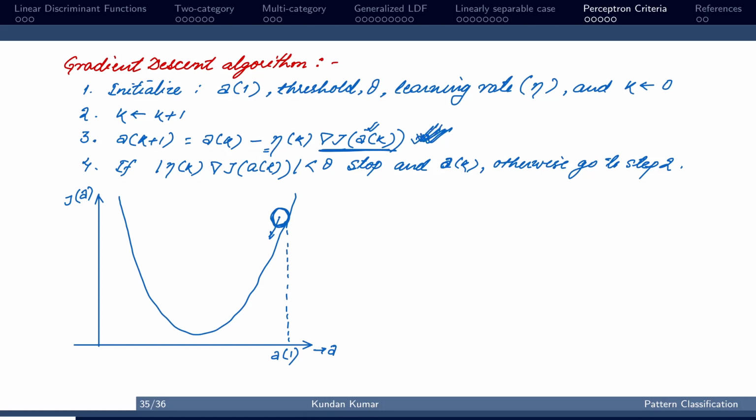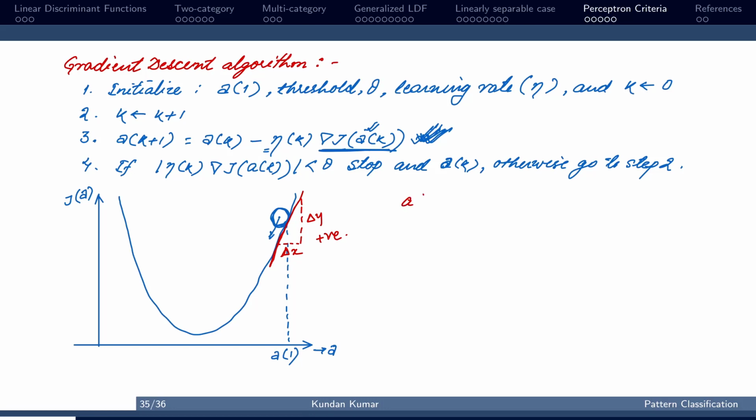At this position, we can compute the gradient. So gradient is nothing but del y by del x. Okay, so if you see here, the gradient is positive.